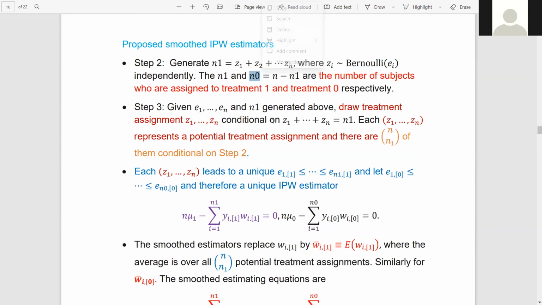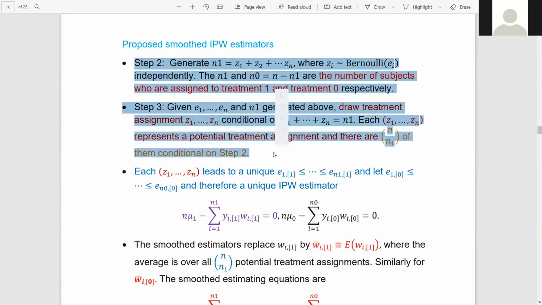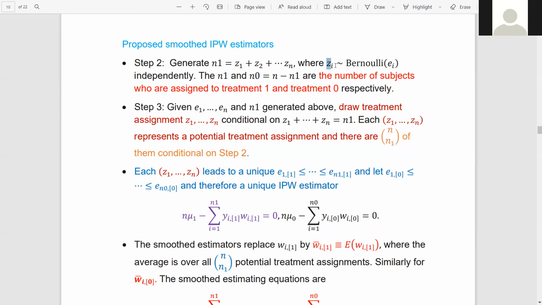But conditional on N1 and N0, I can remove the conditional variation. Mathematically they are equivalent: these two steps are the same as generating n Bernoulli trials to get a treatment allocation.